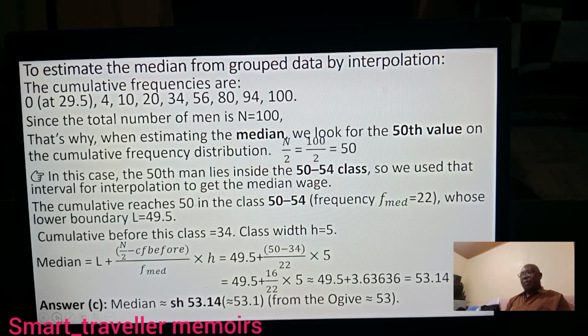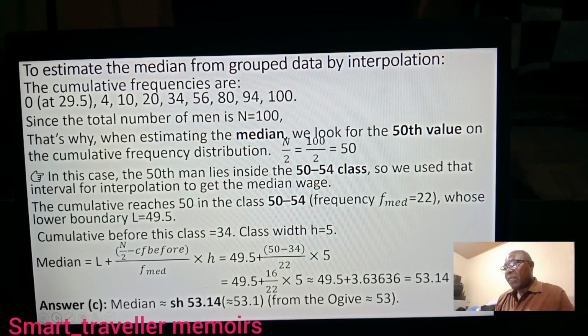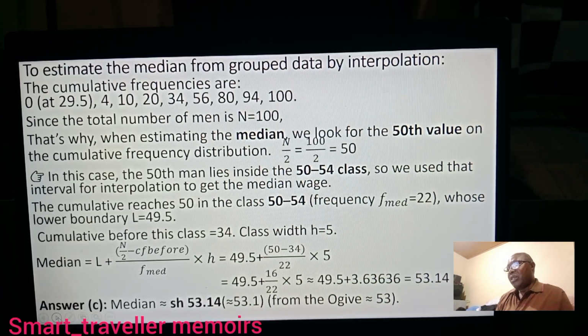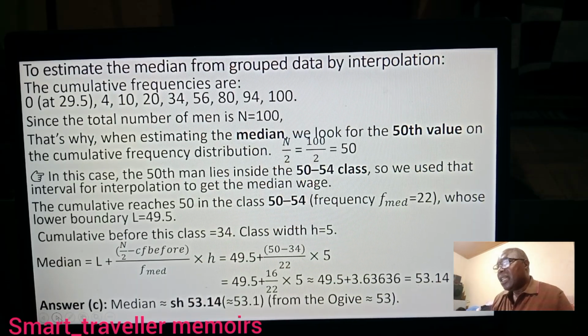Using the formula, median equals L, the lower boundary, plus n over 2 minus cumulative frequency before the median class, over frequency of the median class, times h. We substitute those values: 49.5 as our L, 100 as our n, we divide by 2, we get 50.